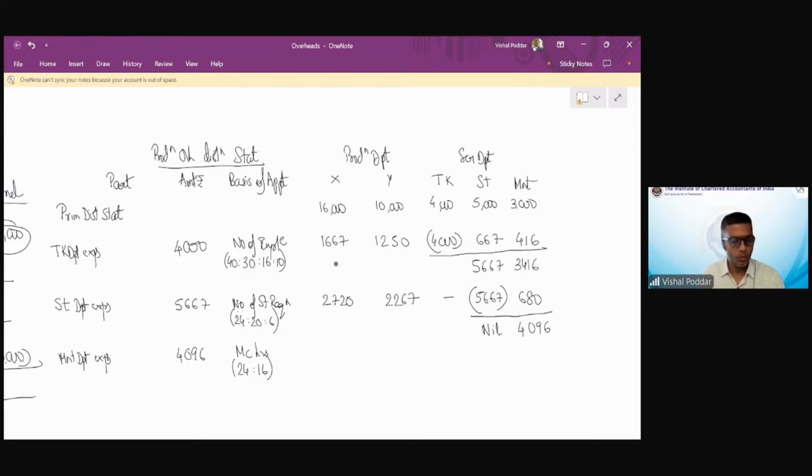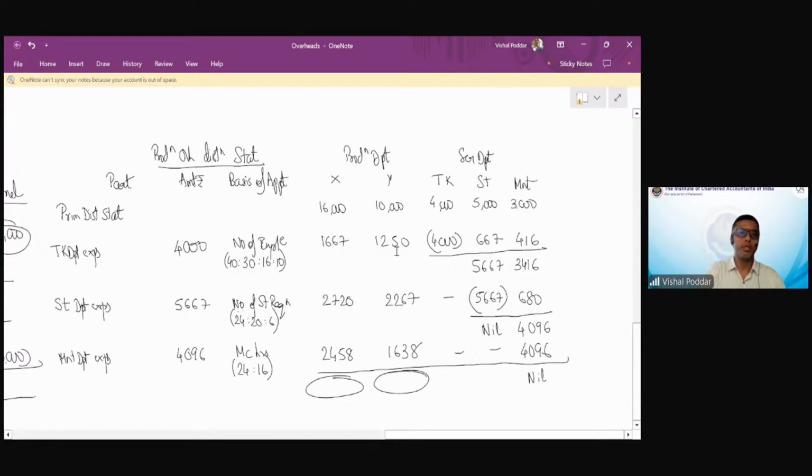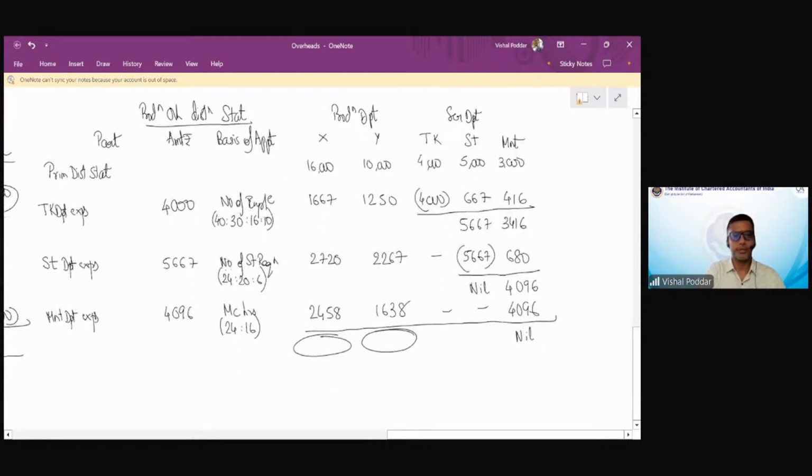So I get 2458. And I get 1638. And this 4096, so effectively this will also become nil, and now you'll get total overheads for both the production departments. I hope this is very clear to everyone.